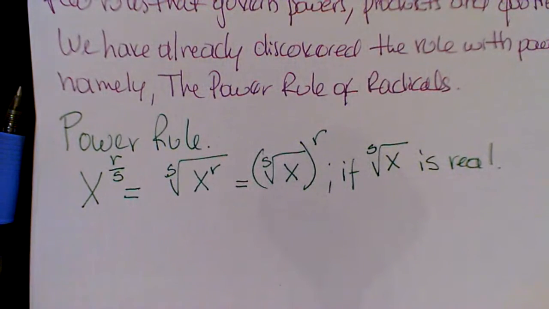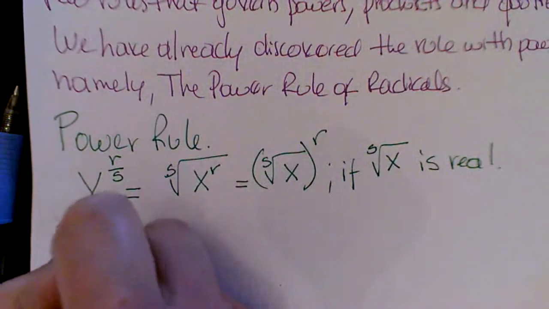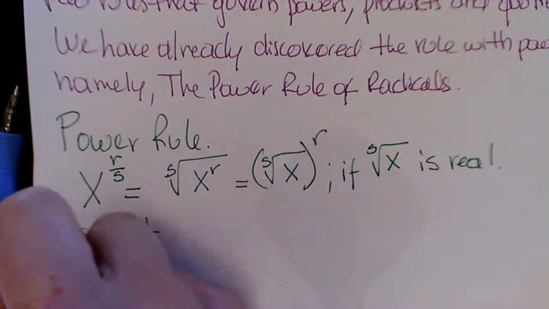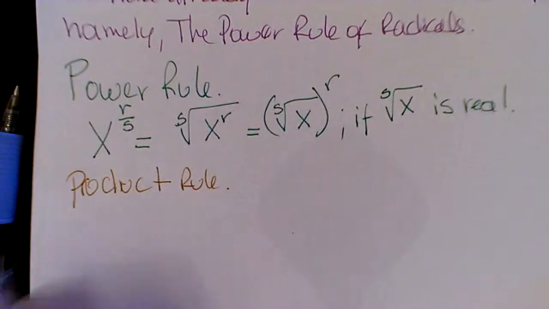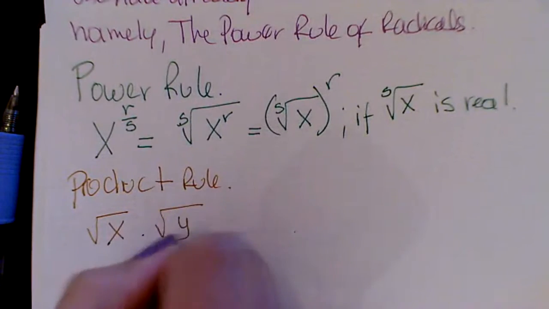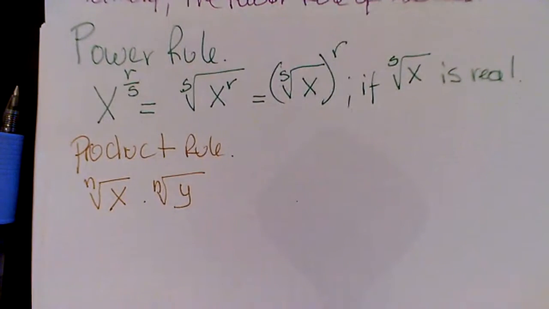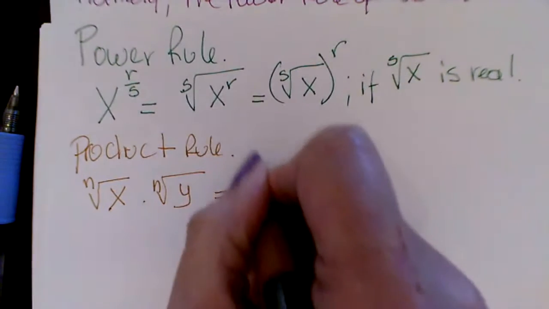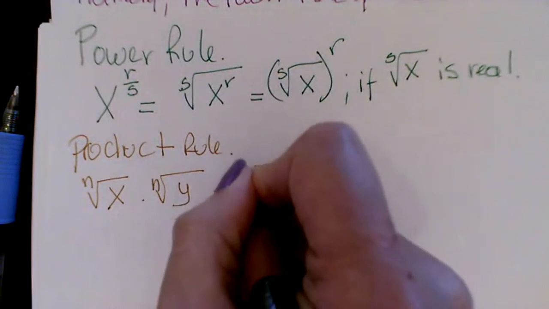Okay, now let's do the product rule. This one is when we are multiplying. This is going to be equal to what? The nth root of x times the nth root of y, the two radicals.